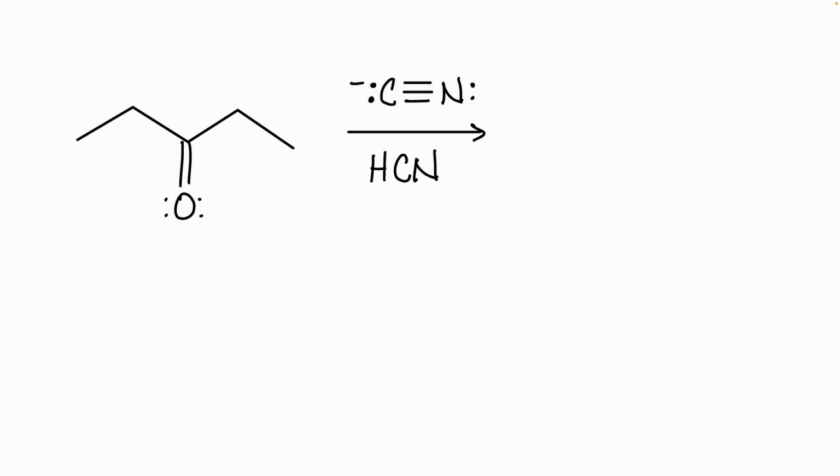If I'm going to just draw my product, which is always a good place to start for your mechanism so you know where you're going, I have what used to be my carbonyl carbon. That carbonyl oxygen is now a hydroxyl group.